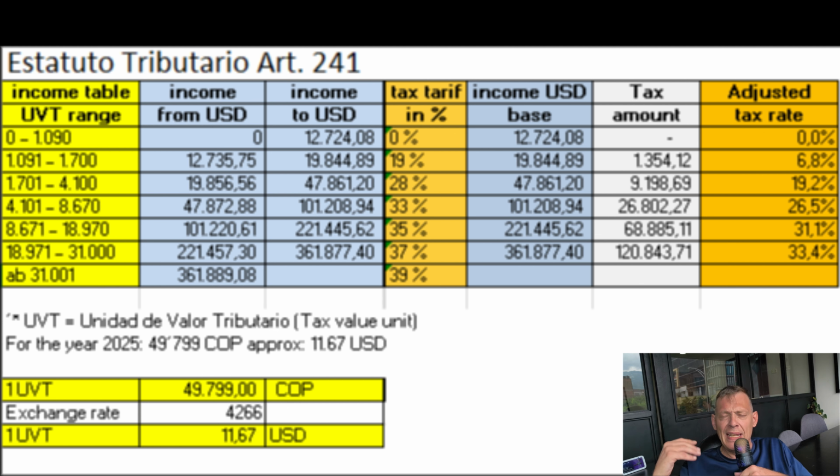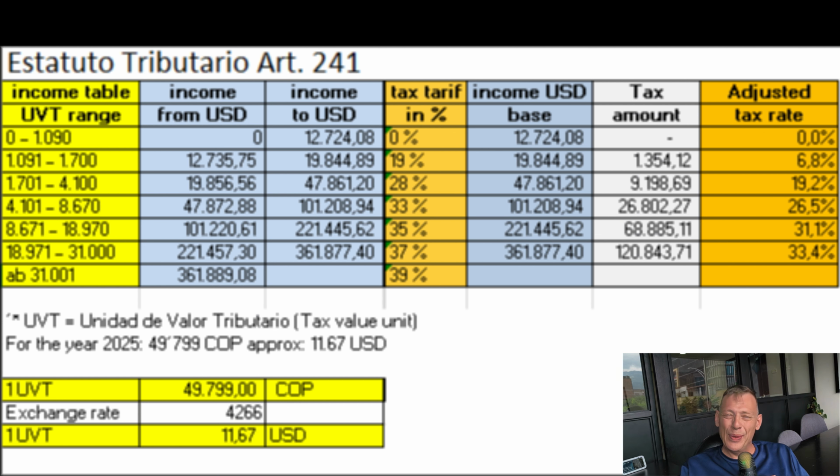So the adjusted tax rate is a mix between the first line, where you don't have to pay taxes on the first 12,000, on the second line you pay 19%, and on the third line 28%. And it goes up to the 39% when you have an income of more than 361,000 US dollars per year. Then you have to pay 39% of the amount over this income.